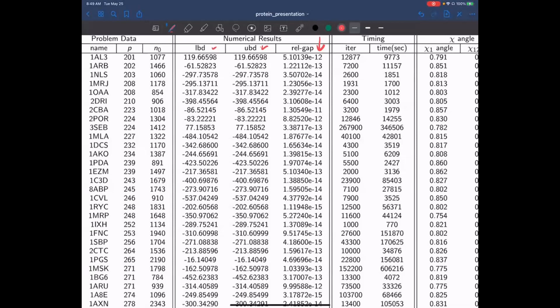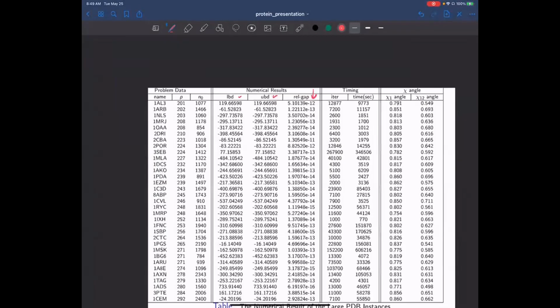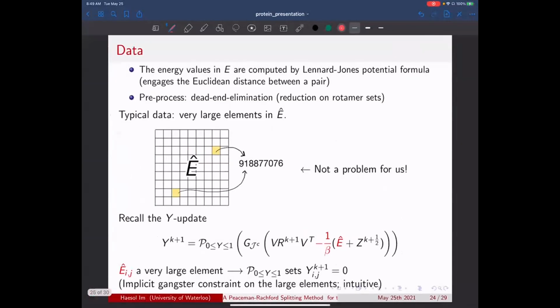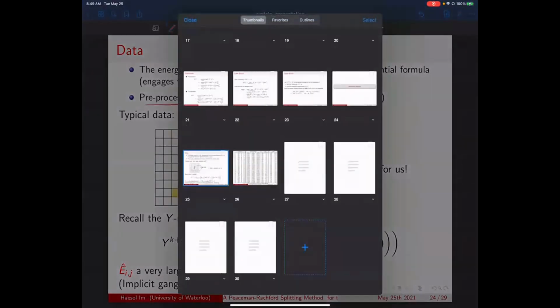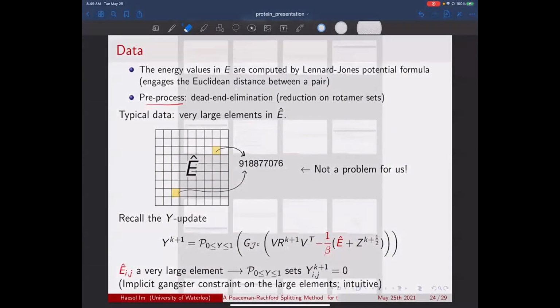Maybe it has something to do with the data, like having huge entries in the matrix E hat. Also, one of the things we get from the data is coming from this pre-processing. What we do in this pre-processing is easier to see in this picture.